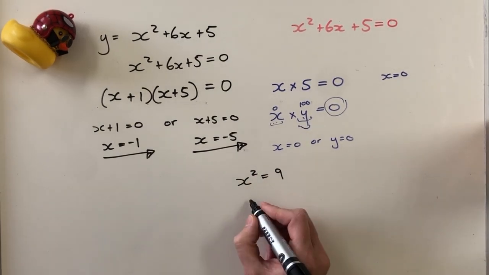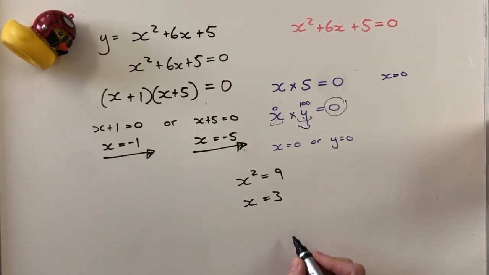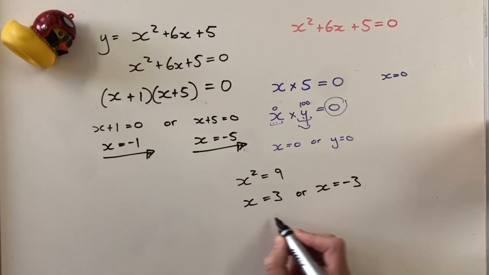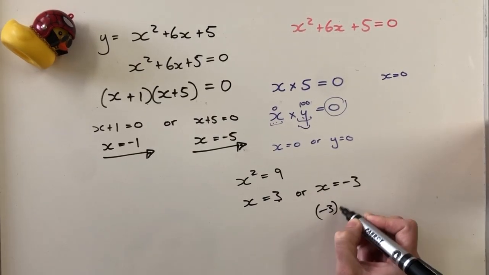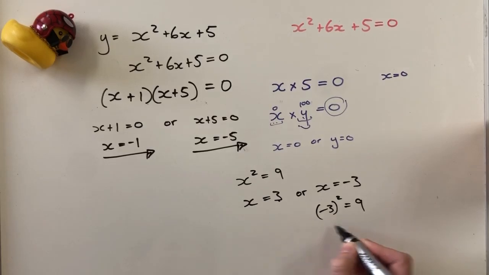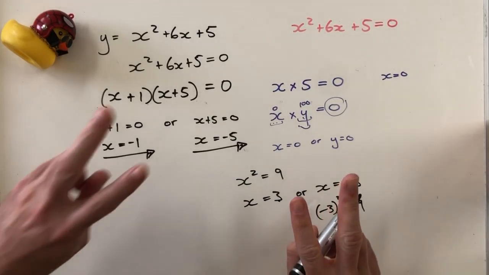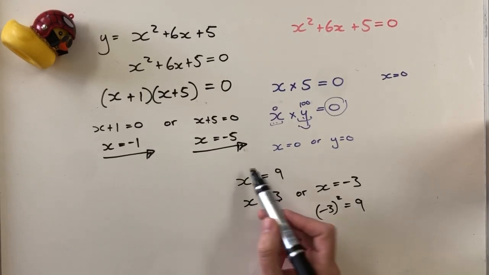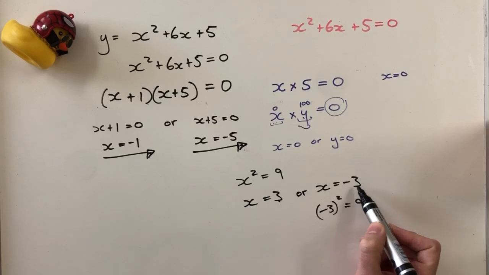What is x? Now your first thought would be x is 3, and you would be right, but x can also be -3, because 3 times 3 is 9, but -3 times -3 would also be 9. So whenever you have a quadratic equation, meaning there's a square in an equation, then we would have more than one answer. So in this case, I have a 3 and -3.